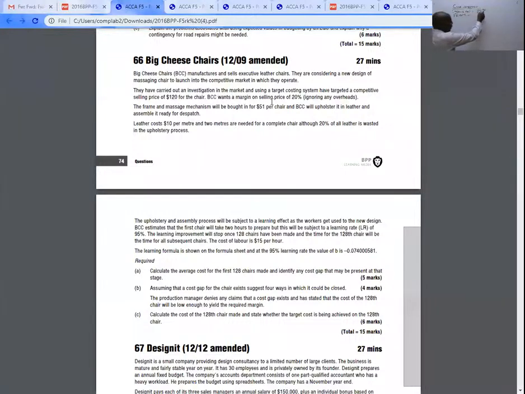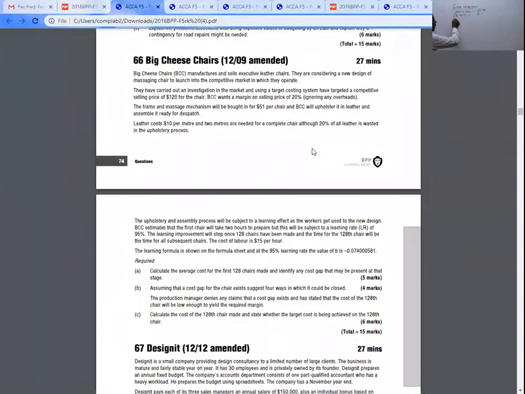Of course, each chair will take one frame. So that is 51. And then we continue. We are told leather costs 10 per meter and 2 meters are needed for a complete chair, although there is wastage of 20%. Whenever there is wastage, so many students will not be able to handle it very well.